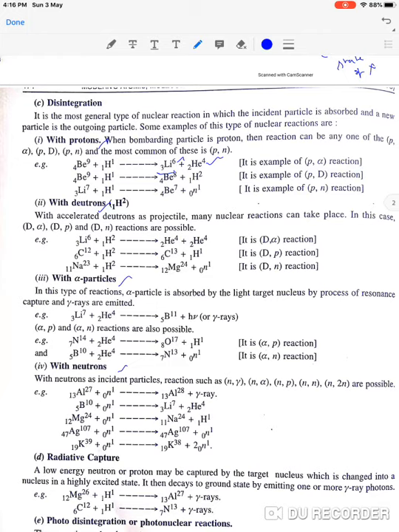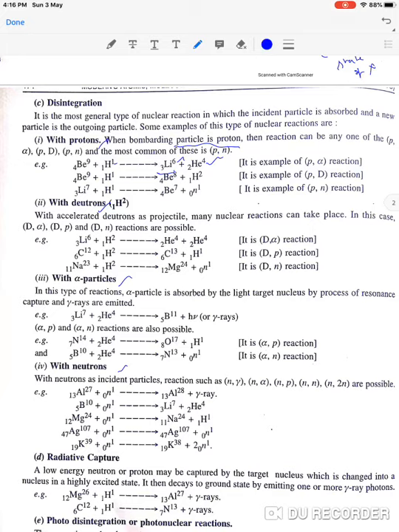Then this outgoing particle will not be the same as the bombarding particle. For example, if I am processing a particular reaction in which I am bombarding a proton, then the outgoing particle can be any one of these leaving particles.